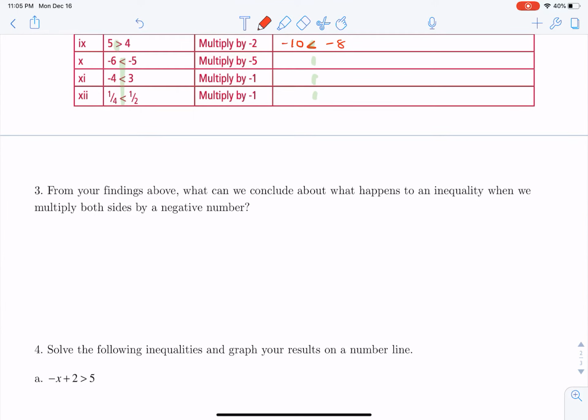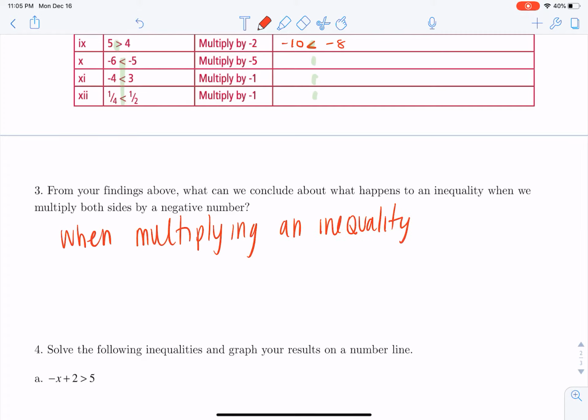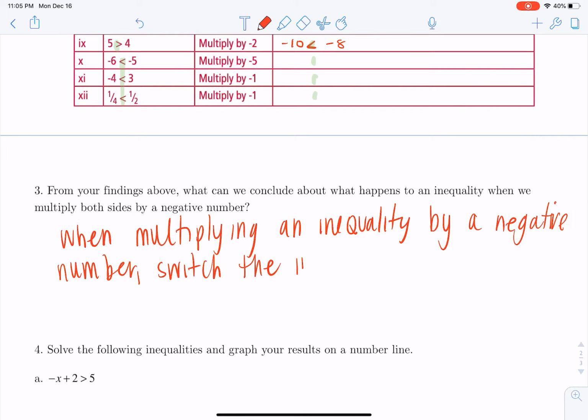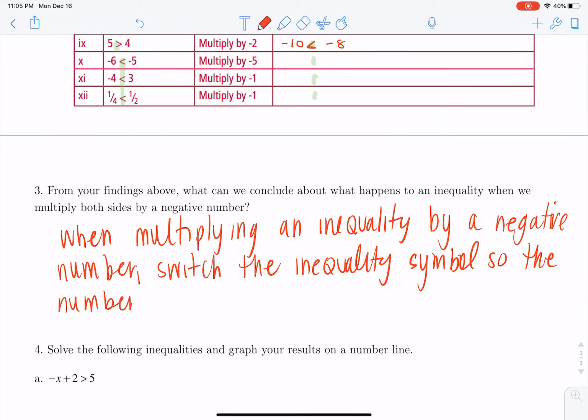It looks like we can conclude when multiplying an inequality by a negative number, switch the inequality symbol so the number sentence holds true.